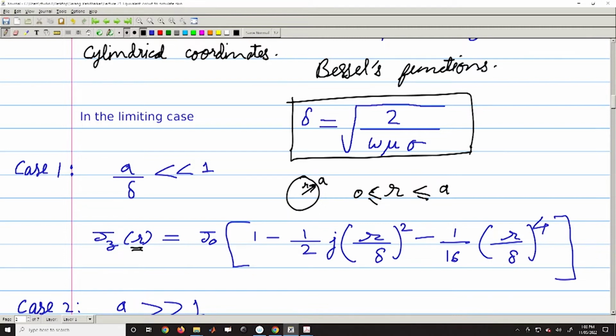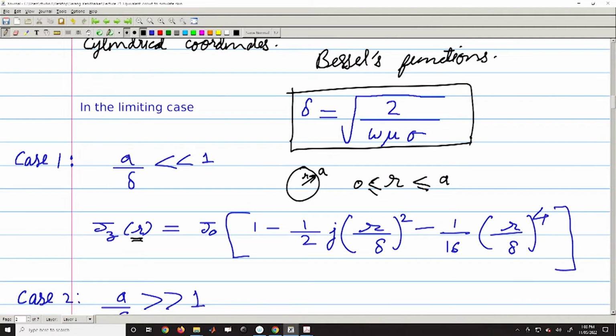Now, since A is much smaller than delta, r by delta would also be much smaller than 1, and therefore these higher order terms you could neglect, and your J z of r is approximately equal to J0.